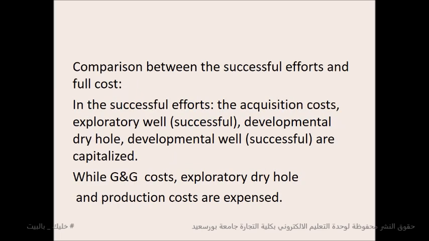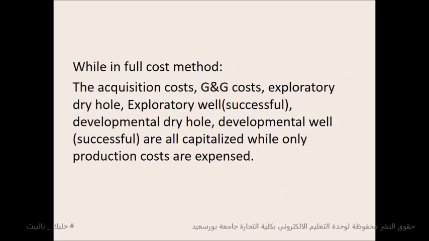The difference between the successful efforts and full cost methods is as follows. In the successful efforts method, the acquisition costs, exploratory well successful, developmental dry hole, and developmental well successful are capitalized, while G&G costs, exploratory dry hole, and production costs are expensed.